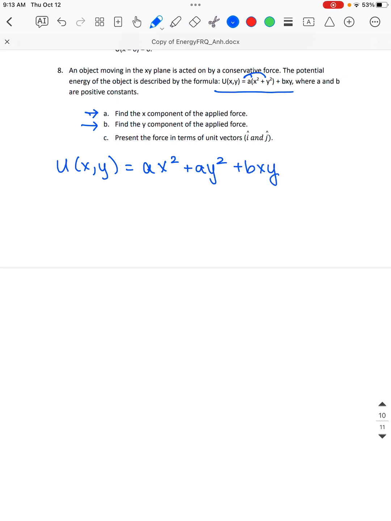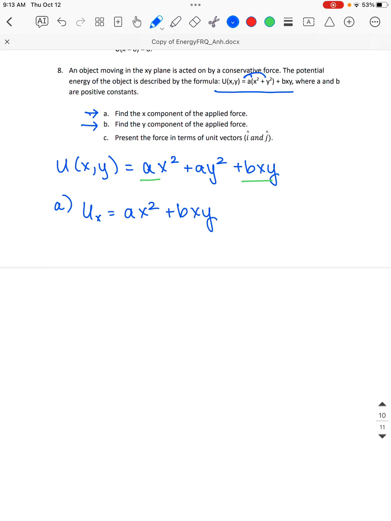So if I start with letter A, if I want the x component of the applied force, I'm just going to take the parts with x in it. So this part and this part. And I am going to label that u sub x is equal to ax squared plus bxy.